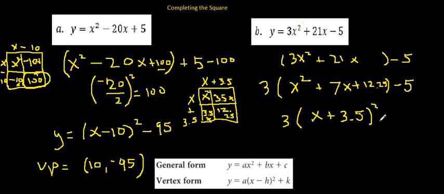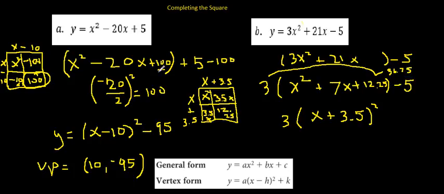But what did we actually add here? We added 12.25, but it's 12.25 times 3. So what we actually added is going to be 36.75.